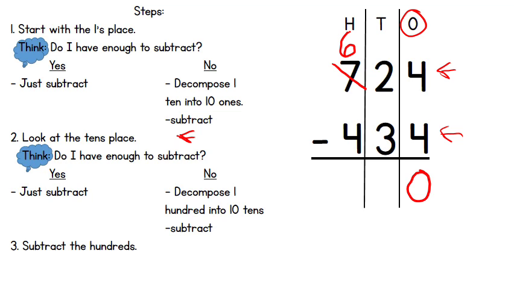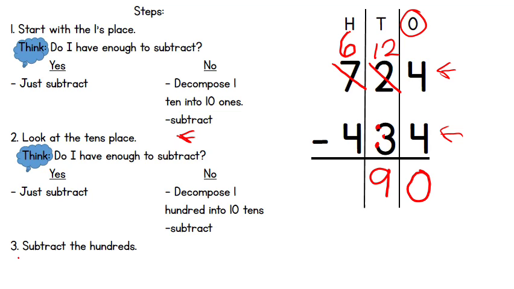Then I'm going to bring that 100 over to my tens place and add it to my tens. 2 tens plus 100 is 12 tens. Now I can subtract 12, 11, 10, 9. 9 goes in my tens place.